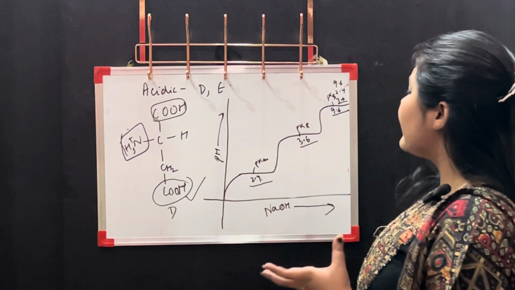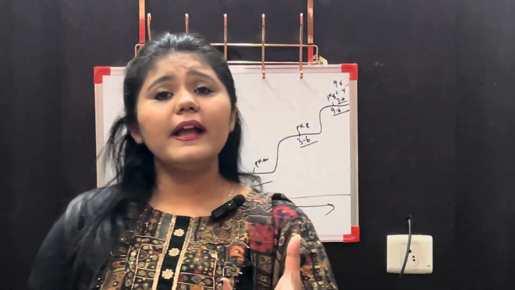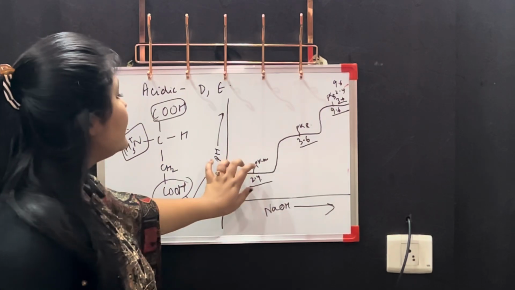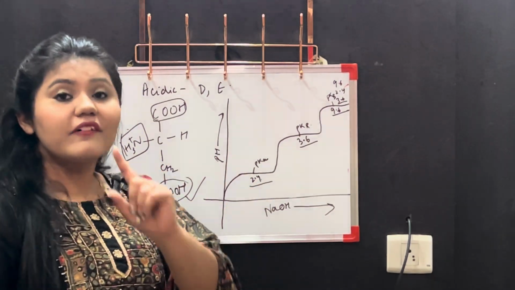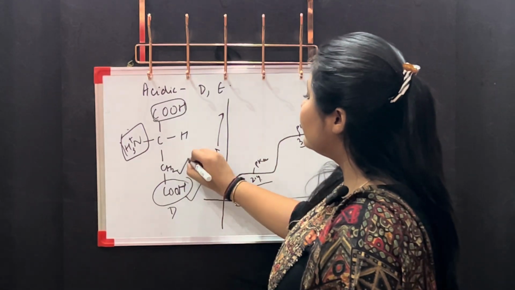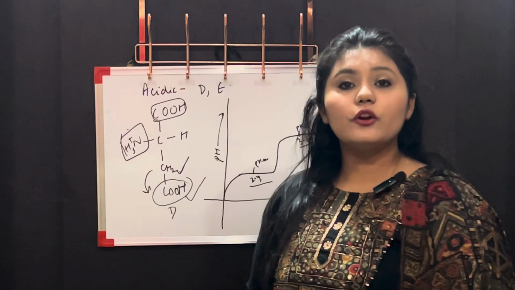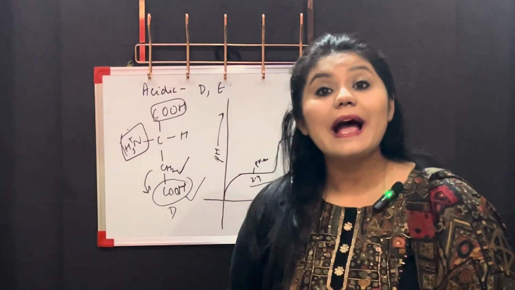Now the question arises: these both are COOH groups, so why don't they ionize at the same pH? Why don't they ionize at 2.4 only? Because there is an additional electron donating group present here. This electron donating group donates its electron to the COOH group, and what will happen then?